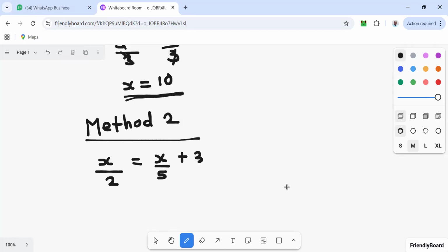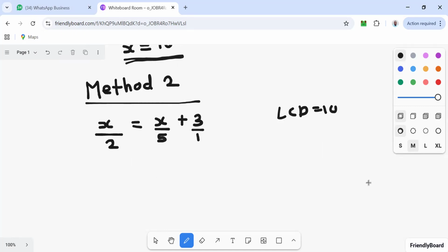We already know that the LCD is 10. And I'll need to express the 3 as a fraction, which is 3 over 1.